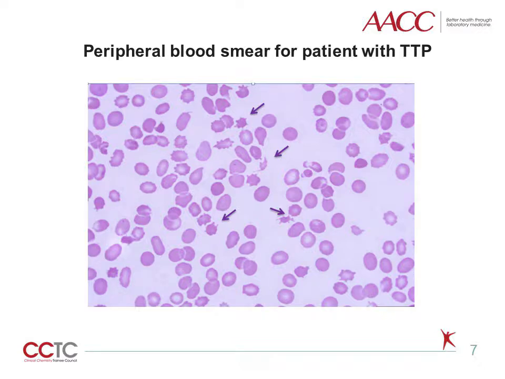This slide shows a peripheral blood smear for patients with TTP showing severe thrombocytopenia and schistocytes indicated in the picture by the arrows. Schistocytes are fragmented erythrocytes formed by the microvascular thrombi.